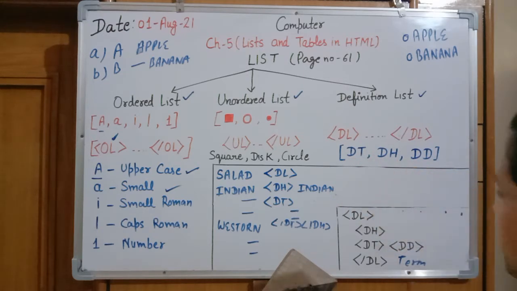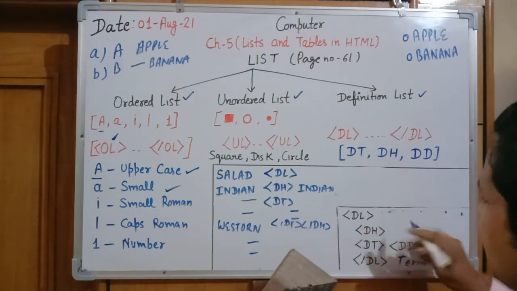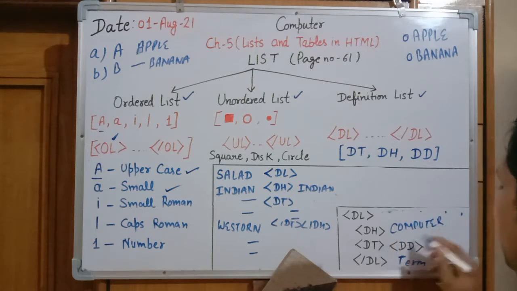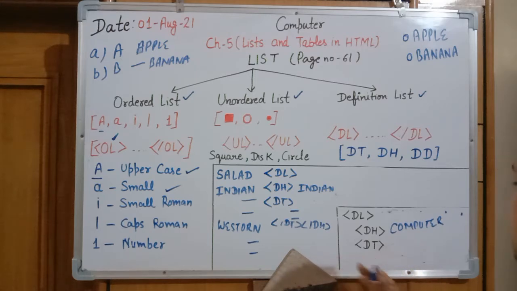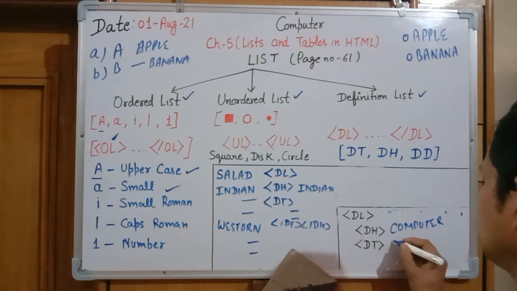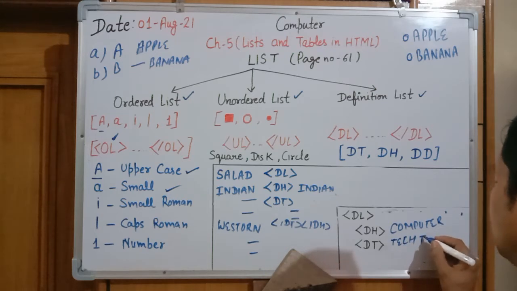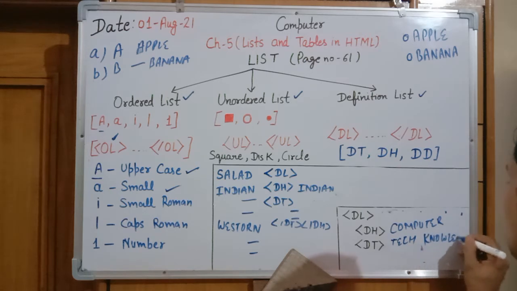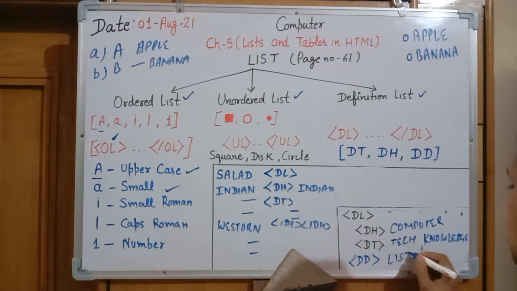I am writing here computer. So DL will start. In DL, data heading will be computer. In DT, it will be technology, and in DD it will be the topic list.